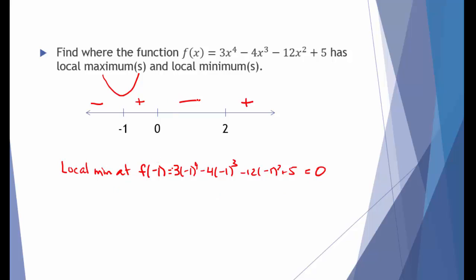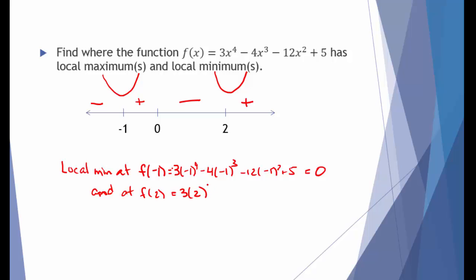Notice we have another local minimum because we're looking for where our derivative changes from negative to positive. That happens again at 2. The derivative changed from negative to positive, which means my graph changed from decreasing to increasing. So we get a second local minimum, at f of 2. And again, we're going to find the y value as well.